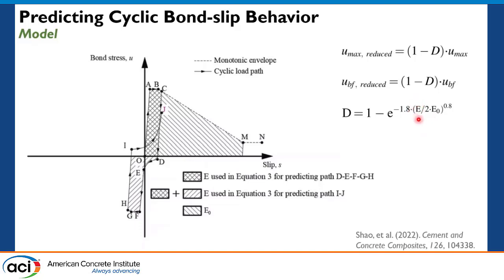E here represents the entire energy that has been dissipated along all the previous cycles, while E sub 0 means the energy under the monotonic curve. So we represent the damage index by relating the energy that has been dissipated so far against the entire energy that can be dissipated through the monotonic loading, and we reduce the bond stress as well as the residual stress by this damage index.